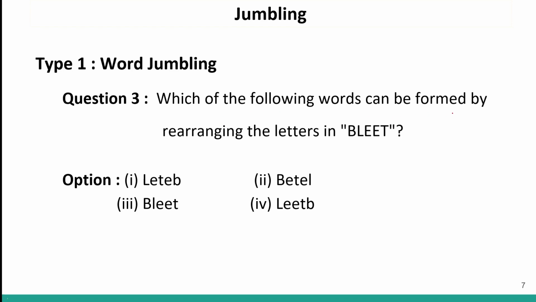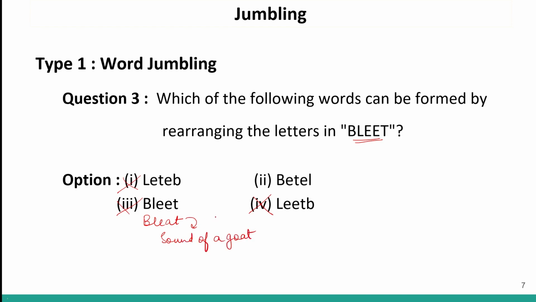Now, which of the following words can be found by rearranging the letters of bleat? Is leetib a word? No. Is bleat a word? No. If it was BLEAT, that would mean the sound of a goat.